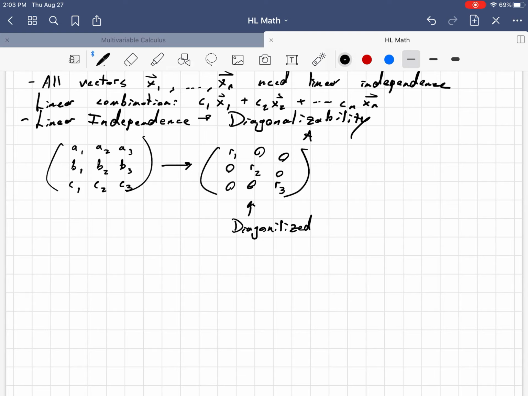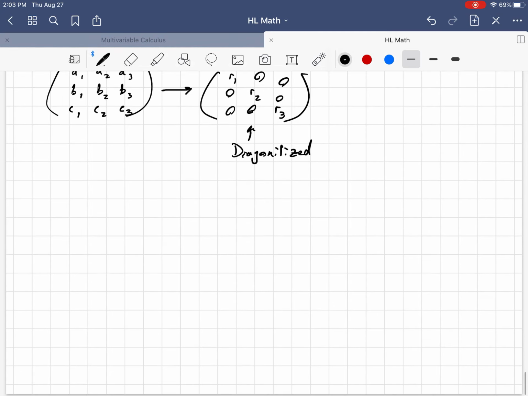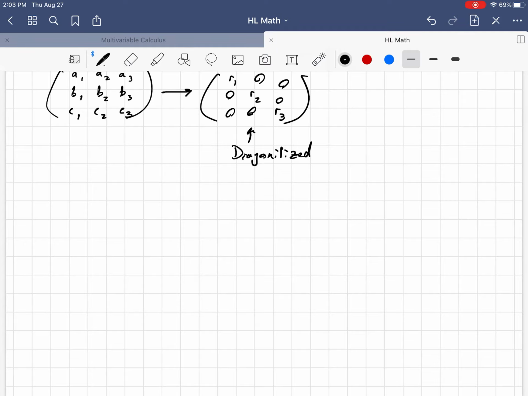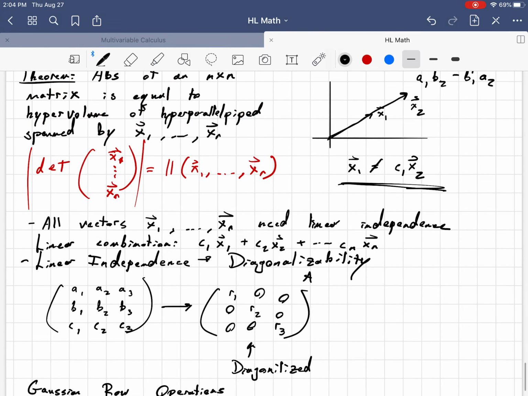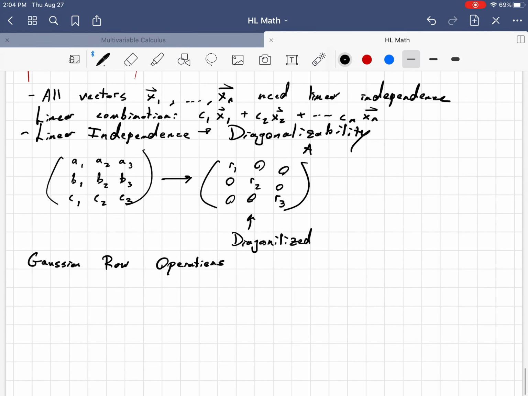Now basically we need to be able to go from a linearly independent matrix made up of vector rows, where each row is a vector that spans the parallelepiped, to the diagonalized matrix, using only what's called Gaussian row operations. I'm assuming that you've seen Gaussian row operations before.